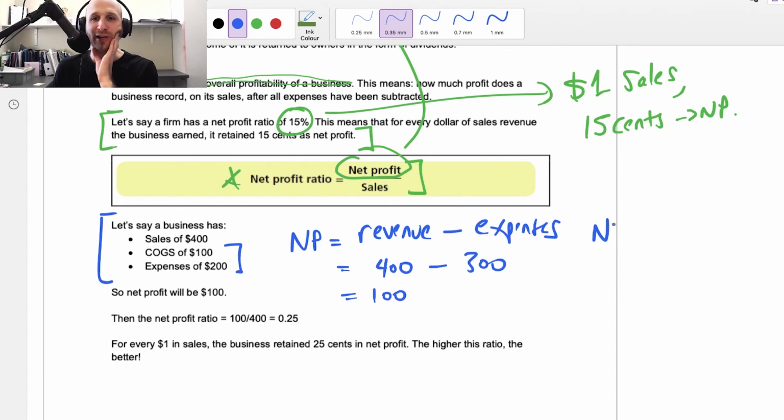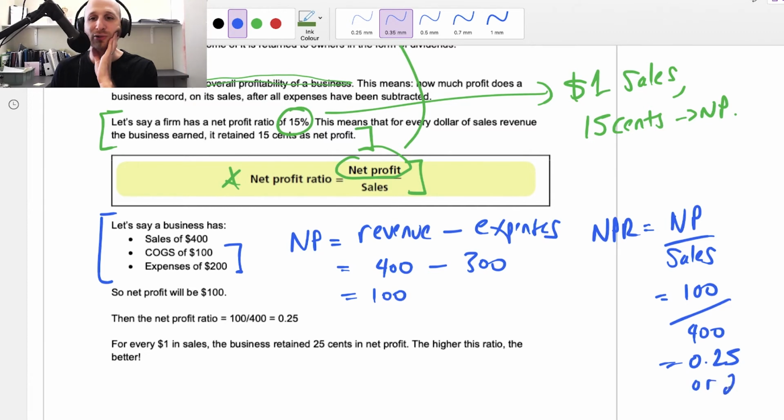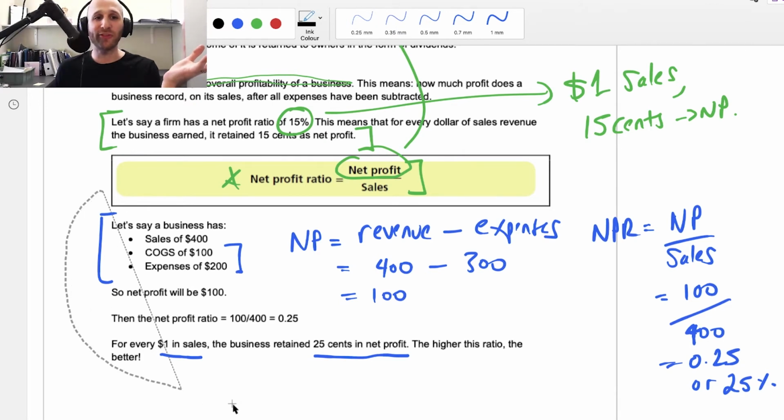Then, what is the net profit ratio? That's net profit over sales, which is 100 over 400. That will equal 0.25 or 25%. So for every $1 that this business earns in sales, 25 cents are kept as net profit. That's okay, depending on the business's goals.